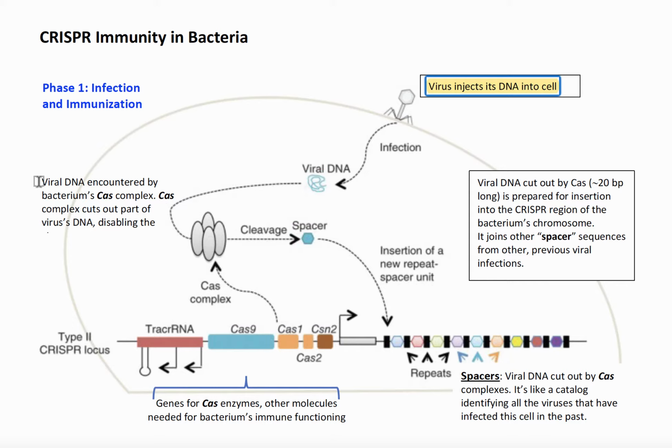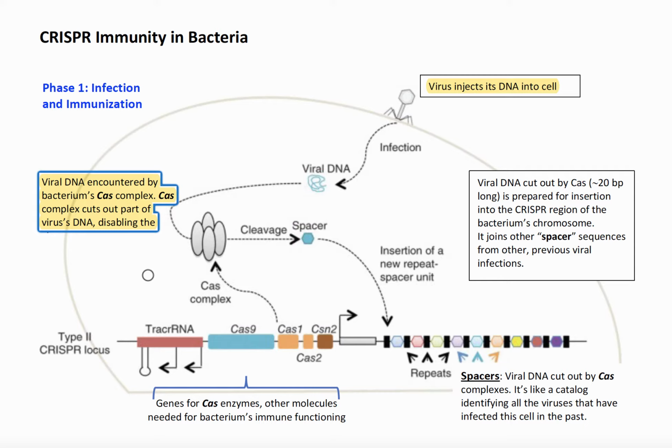Well, if the bacterium is lucky, that viral DNA will run into a Cas complex. Cas just means CRISPR associated, and there are certain Cas proteins, enzymes, that are able to identify foreign DNA and cut it.